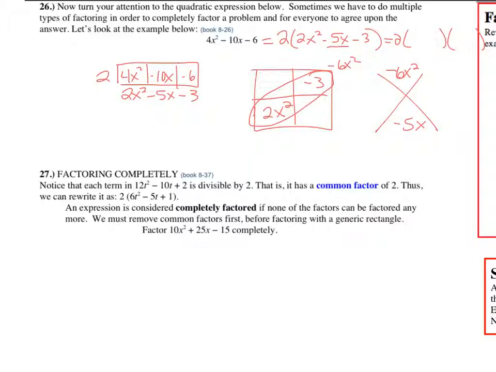So what multiplies to negative 6 but adds to negative 5? Well, if we're going to multiply to a negative, we have to have a negative times a positive. If we had 2 negatives, it would cancel out to be a positive when we multiplied. So we need 1 negative, 1 positive. What 2 numbers would multiply to negative 6 but add to negative 5? We want negative 6x and positive 1x.